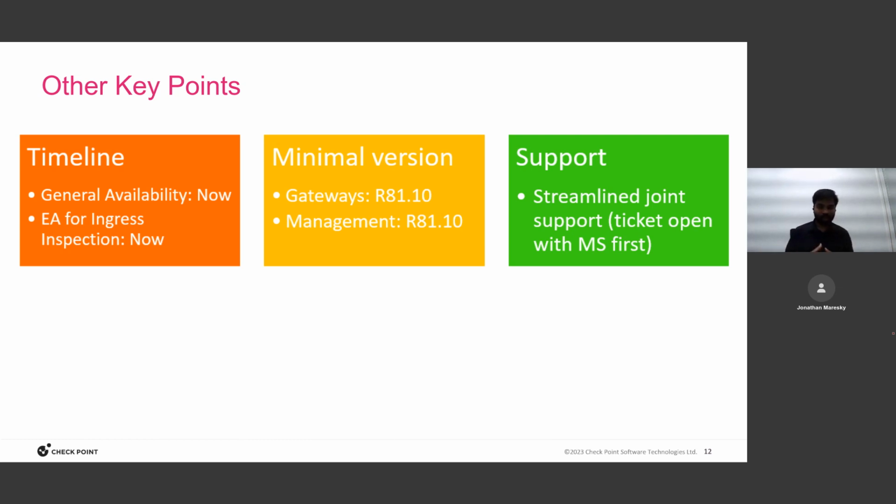Both Microsoft and Checkpoint are committed to resolving any queries or business impact. And the most important part is that because we work in conjunction, we are resolving queries much faster.